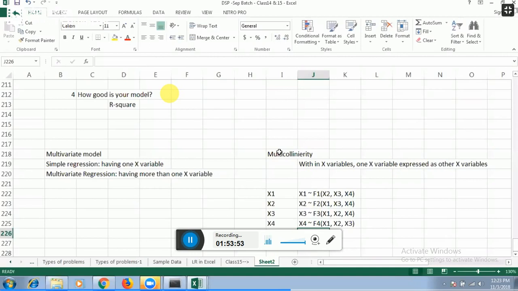So what I'm saying is, if you are able to express x1 with the other x variables, this is what we call multicollinearity. Now, why do we need to worry about multicollinearity?